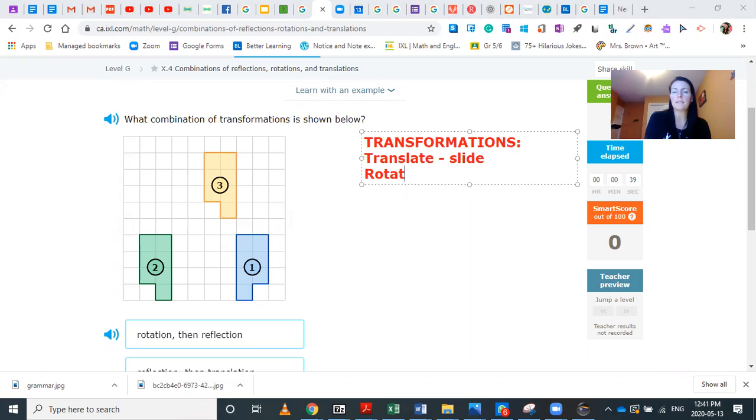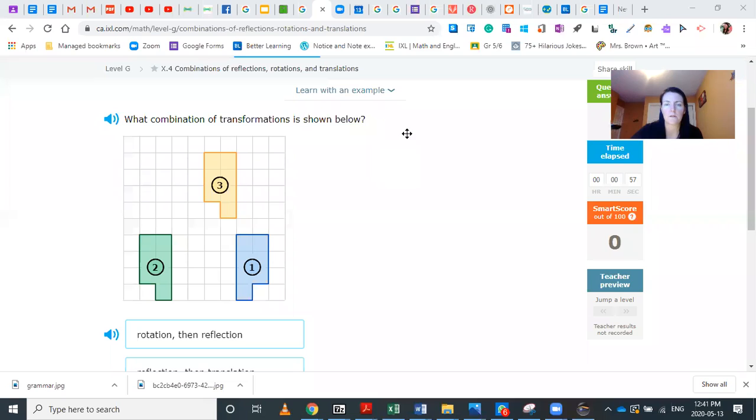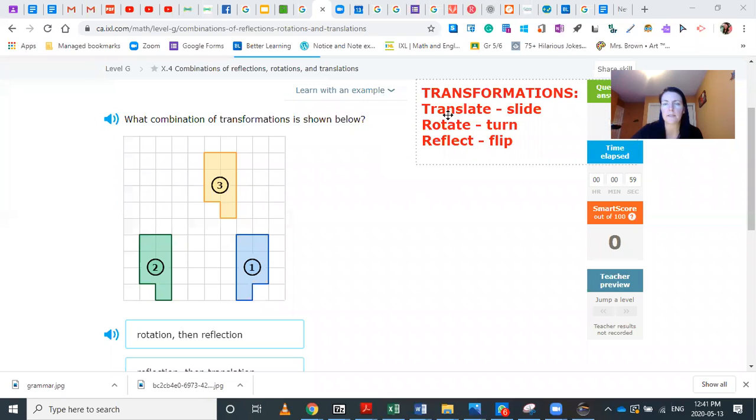You've got rotate, which is like a turn, and you have also got reflect. And this is the mirror image if you were to flip it over a certain line. This is what you need to remember as your overall understanding of what these words mean.